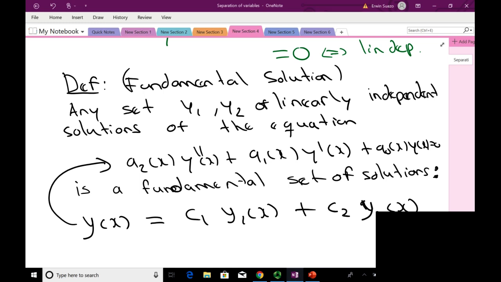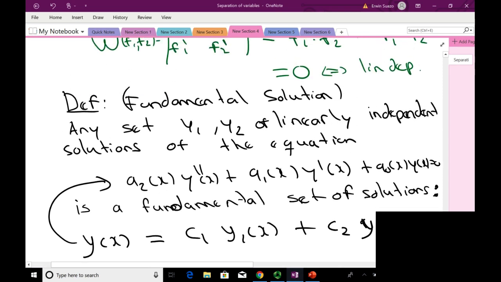This is because it's linear. This is not true when equations are not linear. For example, if I have here y squared, that's a nonlinear equation. This is not true, so it has to be linear.